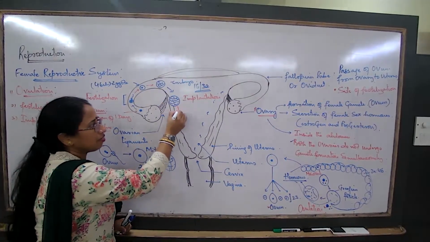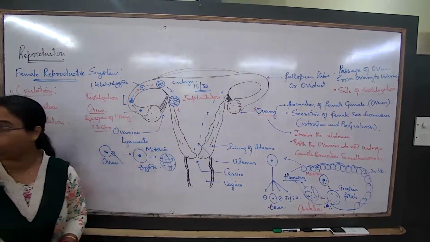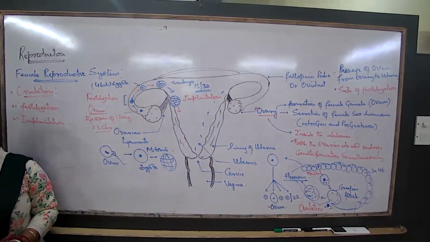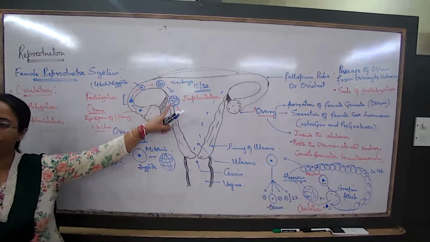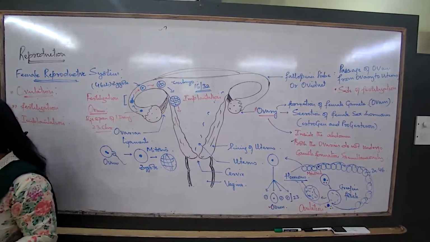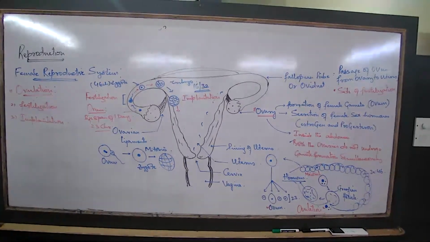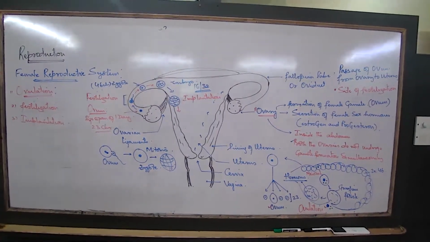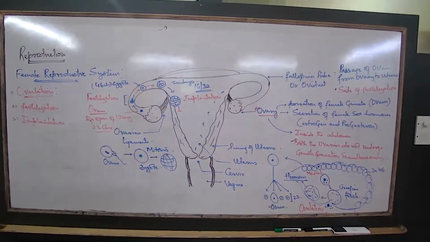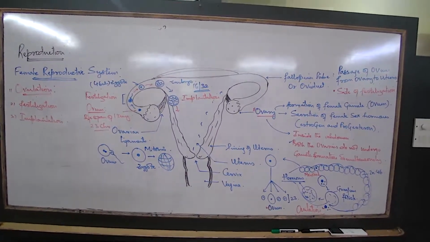Now, this developing embryo is constantly growing and becoming bigger, and this group of cells is not only increasing in number, but will start developing the body parts.